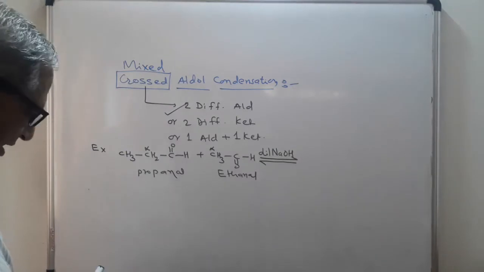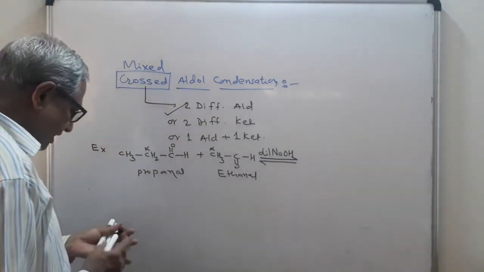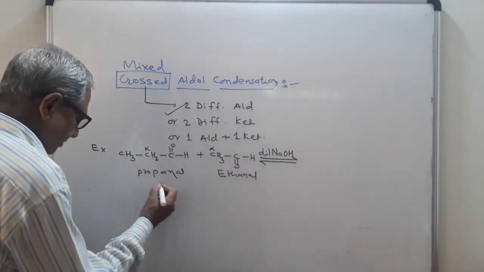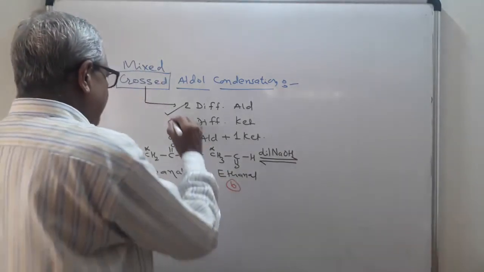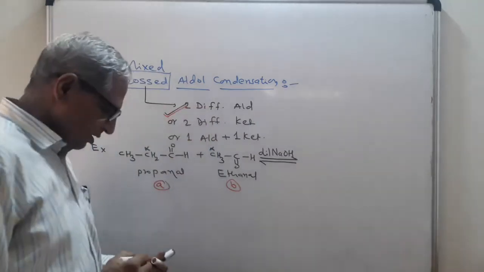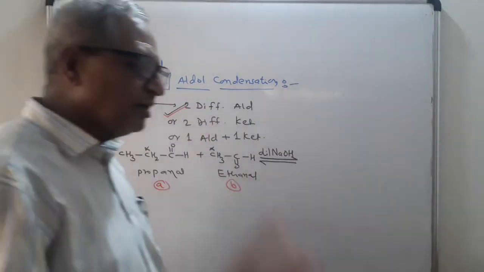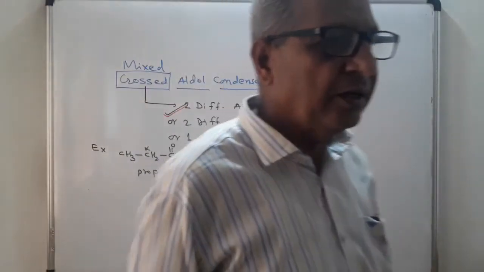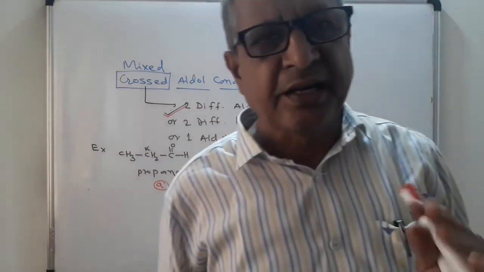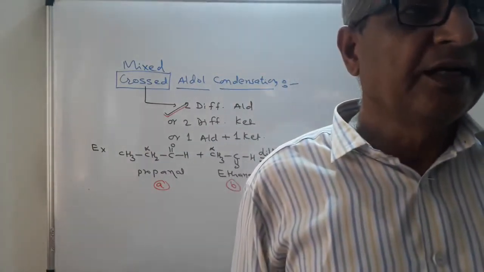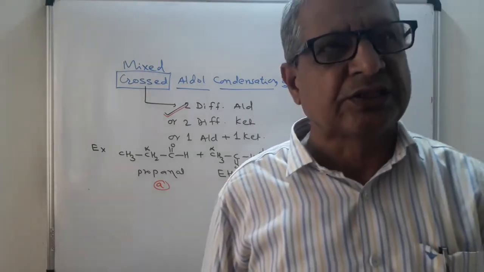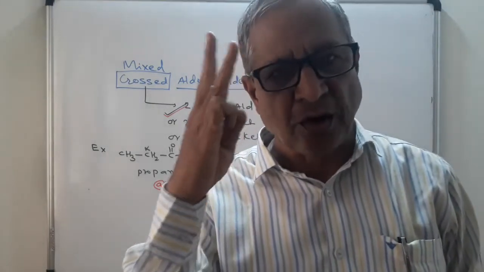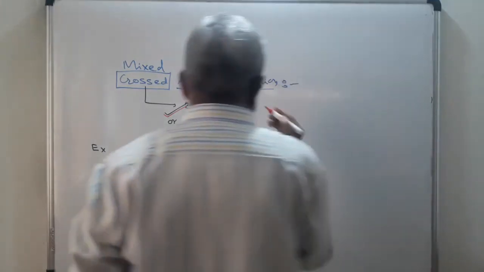Now see here, I will write this as A and this as B. So two different aldehydes having alpha hydrogen atoms are treated with aqueous dilute NaOH, and they undergo aldol condensation. How many products are possible here?